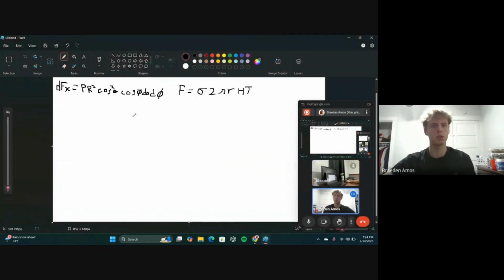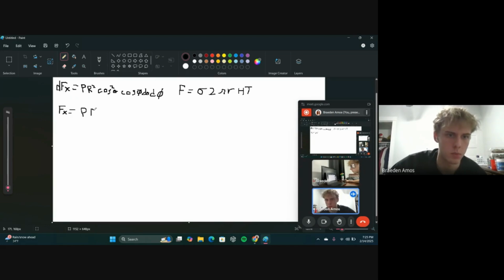I went to a new page to give myself some more space. One mistake I made was that this is still dFx actually, the same equation, but now we can start integrating and that will make it just Fx. So still pressure times radius squared and the integral of cosine squared theta, and the limits of this integral are from negative pi over 2 to pi over 2.